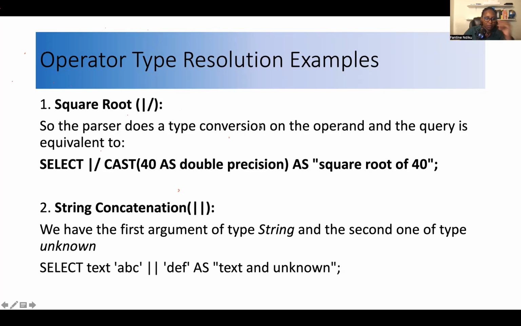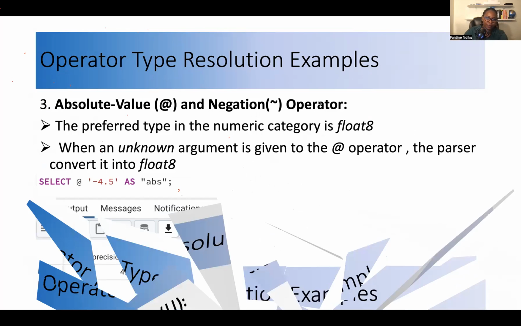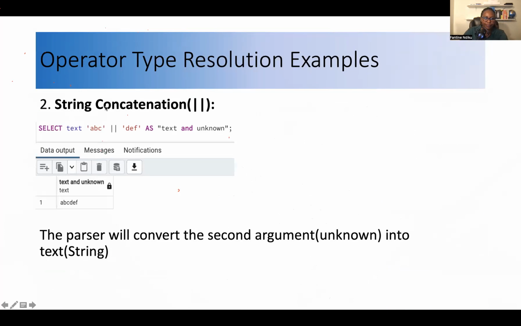Okay, so let's see the result here. Here we have A, B, C, D, E, F concatenated, and we will see that the data type here is text, because the first argument is text, and then the parser will convert the second argument to text, and the result will be text.